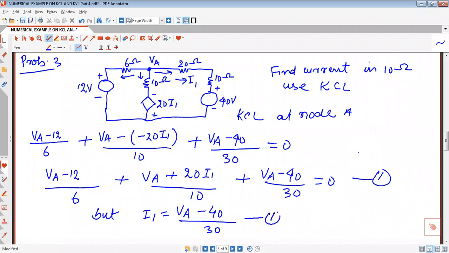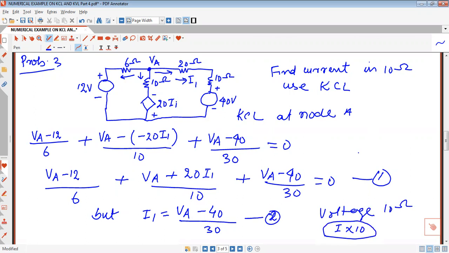So we can find very easily the value of current I1. Once we know the value of current I1, we can also find the voltage at 10 ohm. I am leaving for you to solve the value of I1 using these two equations. If the voltage is required in 10 ohm, you can write very easily I1 multiplied by 10 from Ohm's law. So this will be the voltage in this 10 ohm resistor.